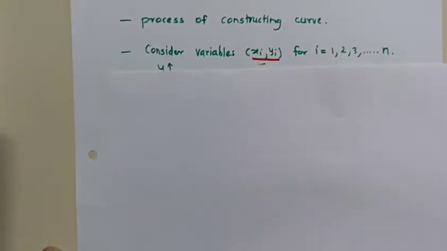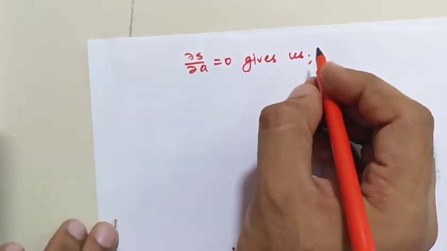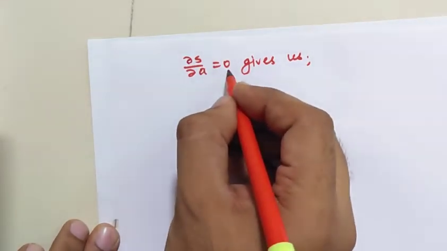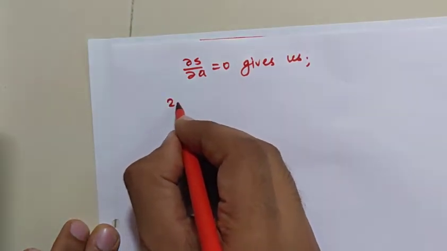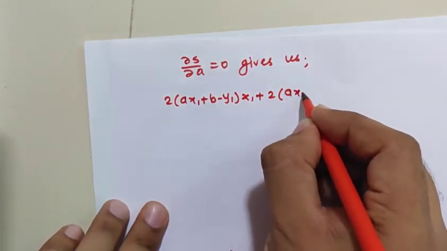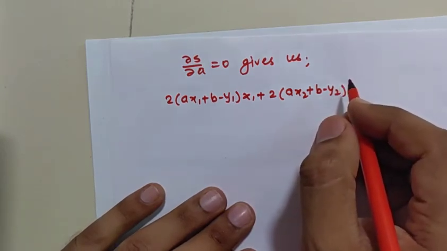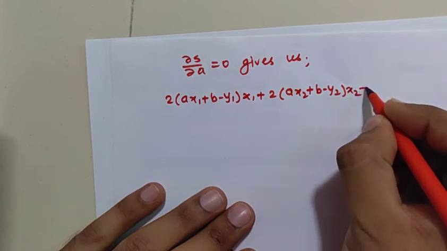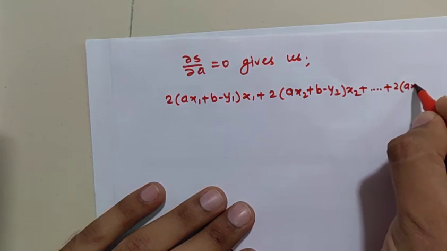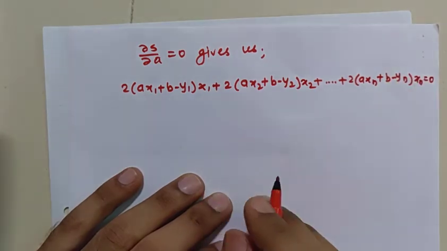Similarly, del S by del a is equal to 0 gives us, on differentiating the S expression with respect to a and equating it to 0, 2 times (ax1 plus b minus y1) x1 plus 2 times (ax2 plus b minus y2) into x2 plus and so on up to n terms (axn plus b minus yn) into xn is equal to 0.